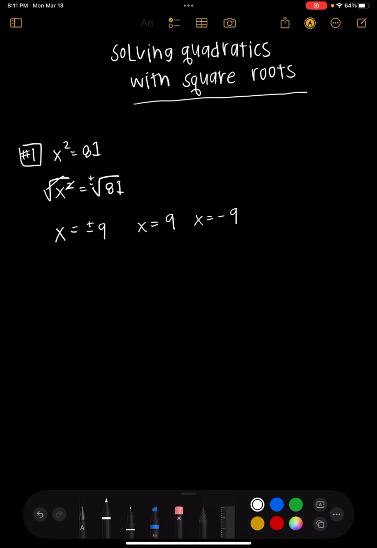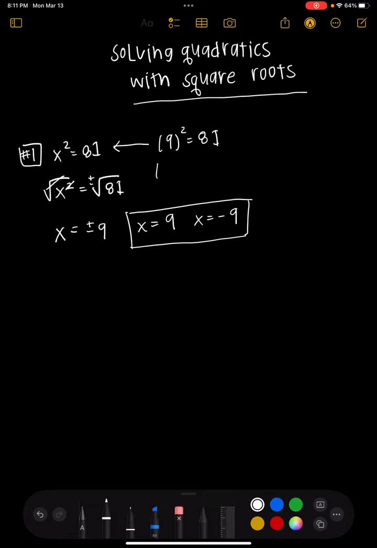So let me show you what I mean about needing that plus or minus. I get these two solutions: x could be 9 or x could be negative 9. The reason why it could potentially be both of those is because when I square something, it's always positive. Squaring anything will always be positive. So if I go back to my original equation, which is x squared is equal to 81, I could plug in a positive 9 for x, right? And I could say 9 squared is equal to 81, and that is true because we know 9 squared is 81.